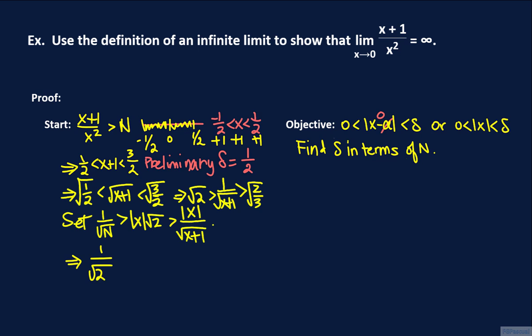It also means that 1 divided by the square root of 2N is bigger than the absolute value of x. So now we have two bounds for the absolute value of x. These are our candidates for delta. The first is 1/2, and the second is 1 divided by the square root of 2N.